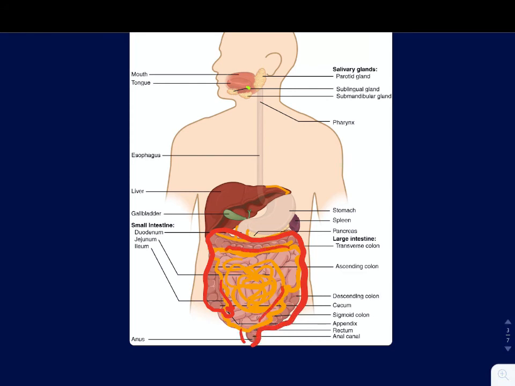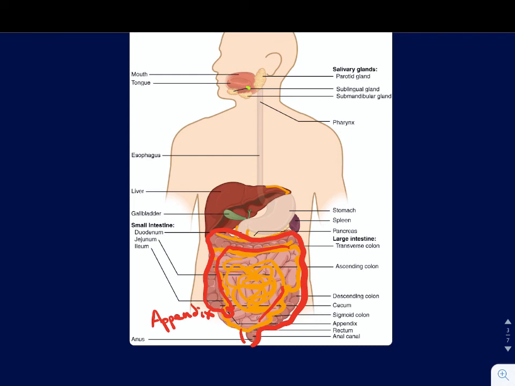It is shorter than your small intestine, but it is wider, so we call it the large intestine. At the base of it, you have your appendix, which sometimes can become infected, and you can have appendicitis, and it can be removed. It's a vestigial feature, but it does have a function in that it holds bacteria for whenever your digestive system gets flushed out when you're sick.